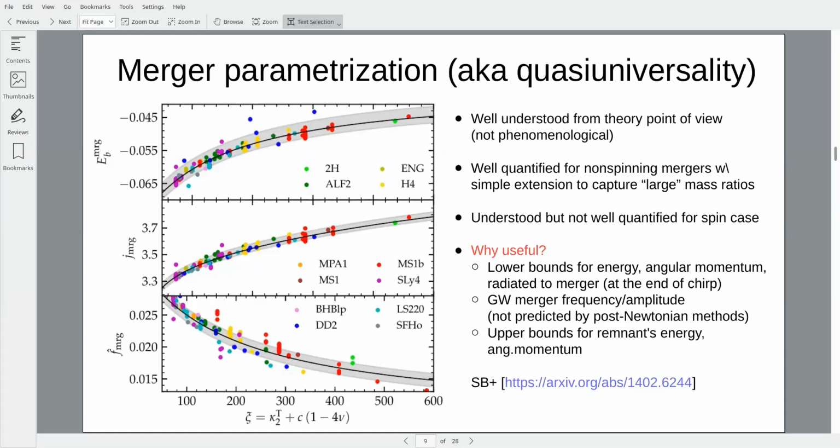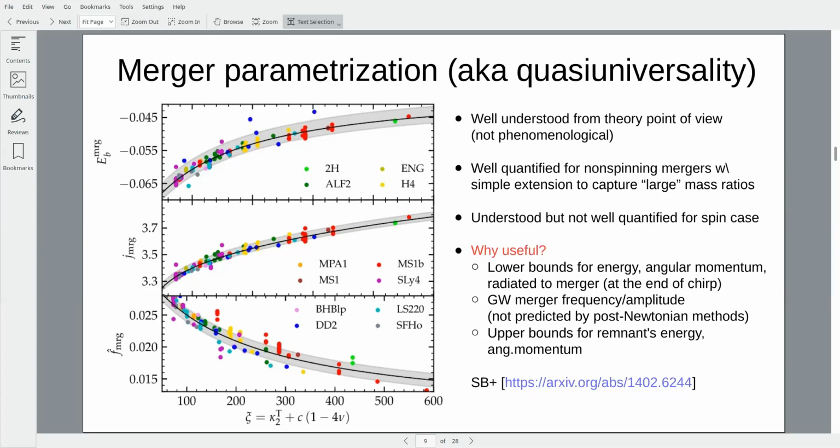By using the simulation data, you can extract a quantitative description of every physically interesting quantity at merger. These relations go under the name quasi-universal relations, or EOS-insensitive or EOS-independent relations. Just for the young people in the audience, I want to remind you that this is perhaps not the proper way to think about them.